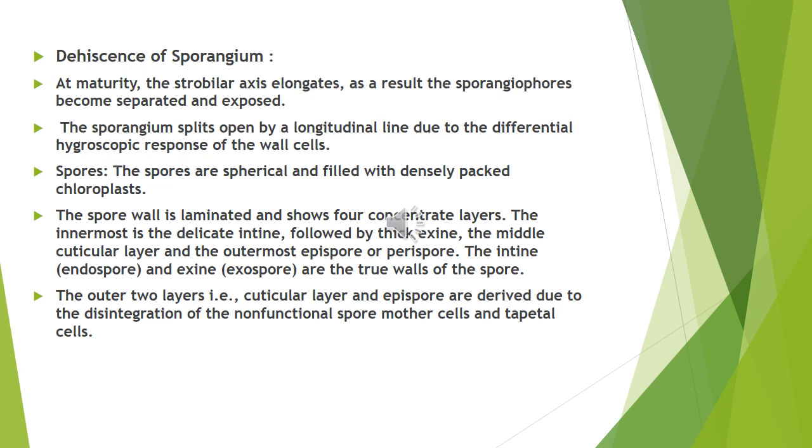The innermost is the delicate intine, followed by the thick exine, a middle cuticular layer, and the outermost epispore or perispore. The intine, that is the endospore, and the exine, that is the exospore, are the true walls of the spore. The outer two layers, the cuticular layer and the epispore, are derived from the disintegration of the non-functional spore mother cells and tapetal cells.